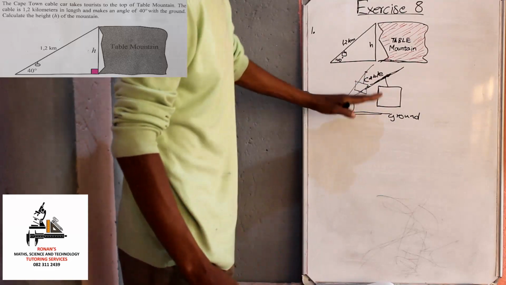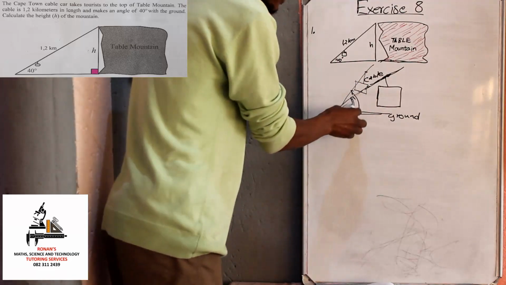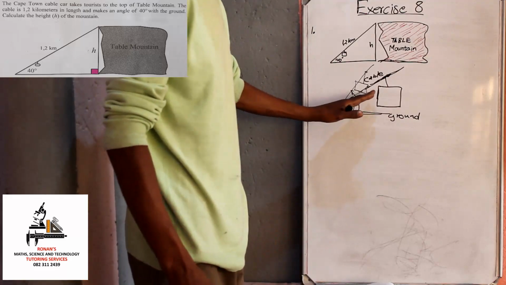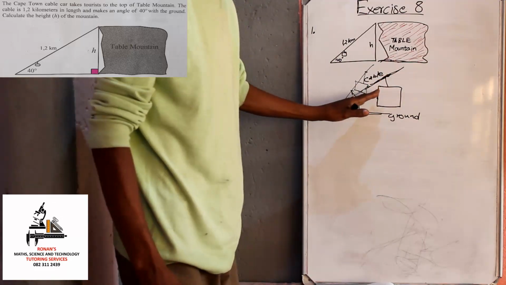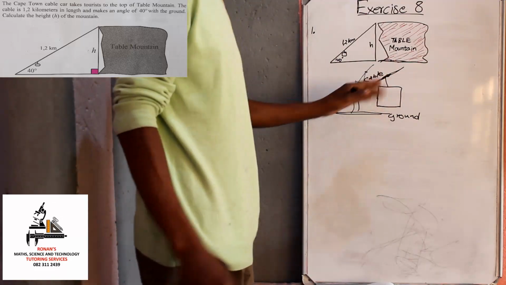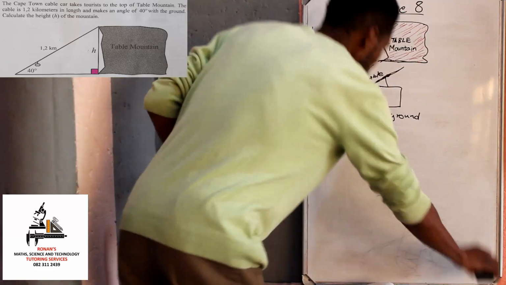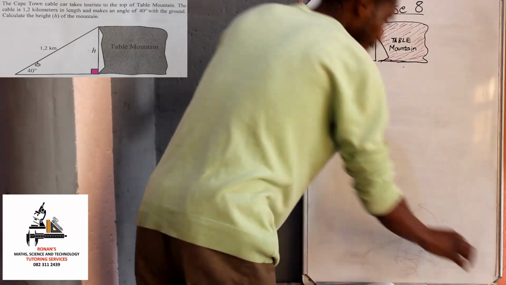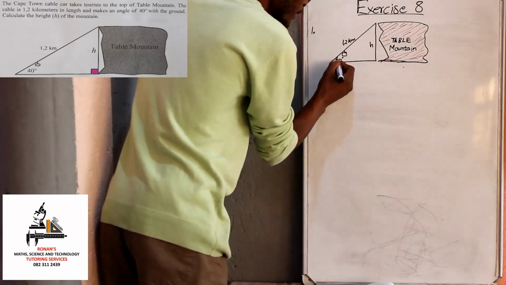So there's a certain angle that needs to be used, or put in place, for the cable to safeguard the car, and the car to safeguard the cable in return. So in this case, we are told that the cable and the surface of the ground form 40 degrees.